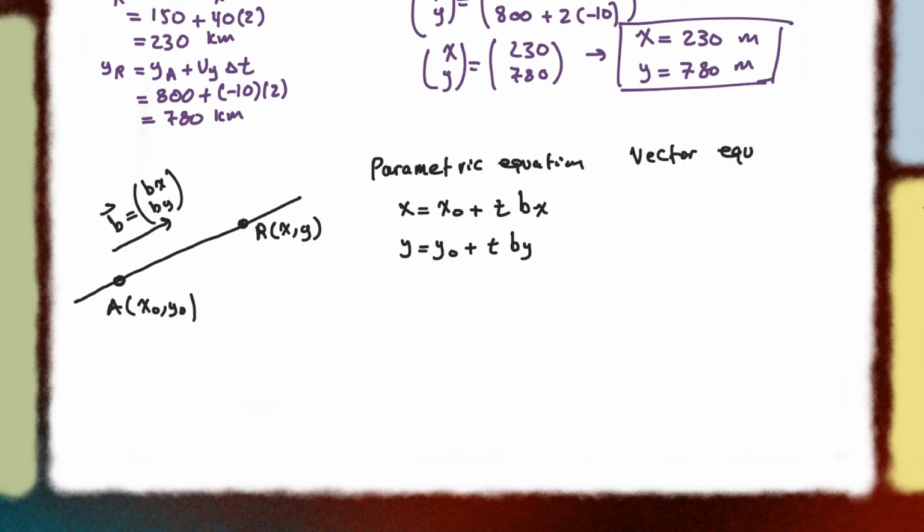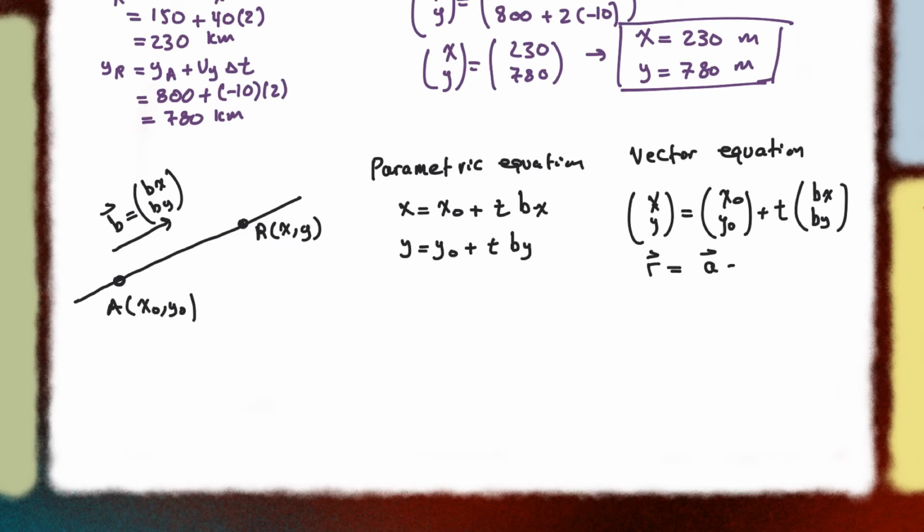For the vector equation, the x and y component of our final position vector is equal to the x and y component of our initial position vector plus t multiplied by our direction vector.